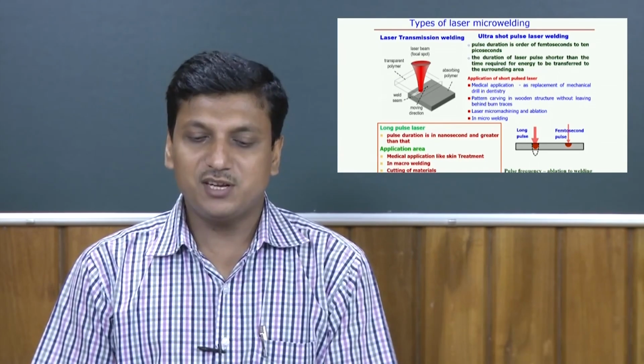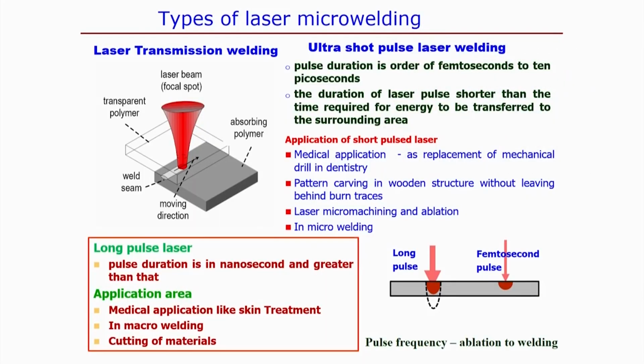Long pulse laser means nanosecond, microsecond and millisecond. In that pulse duration, the energy from the laser is effectively transmitted instantaneously to the substrate material, so there may not be any lag phenomena.